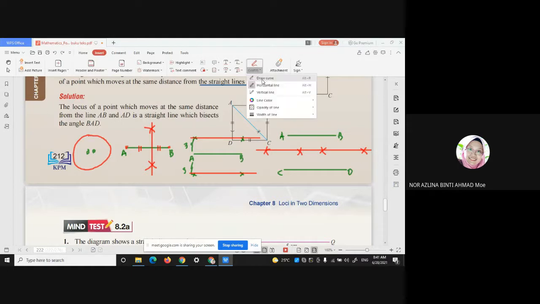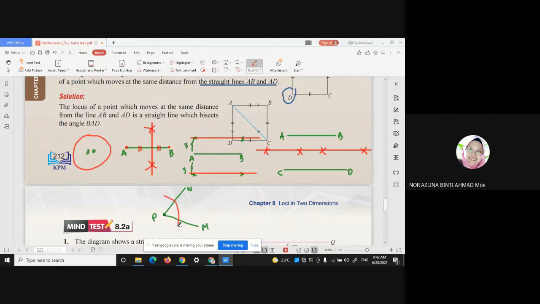And the last one, the angle bisector. We have an angle.